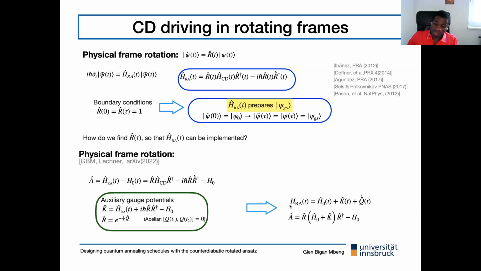And this also gives us the corresponding gauge potential, which also depends on K and Q through R. And we can apply the same variational approach, which was introduced by Polkovnikov, to now minimize this gauge potential A, to minimize the action with respect to the variational parameters in this gauge potential. And when this is done, this will return an HRA, which implements a better dynamics compared to the initial H0, which achieves better fidelity.